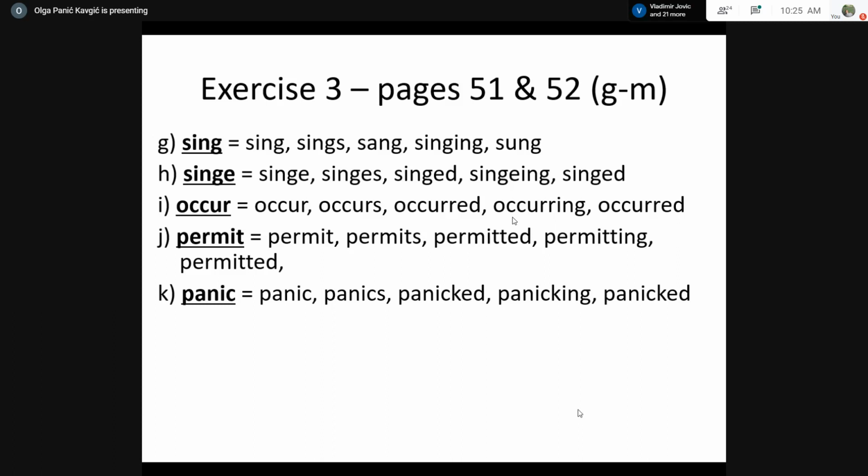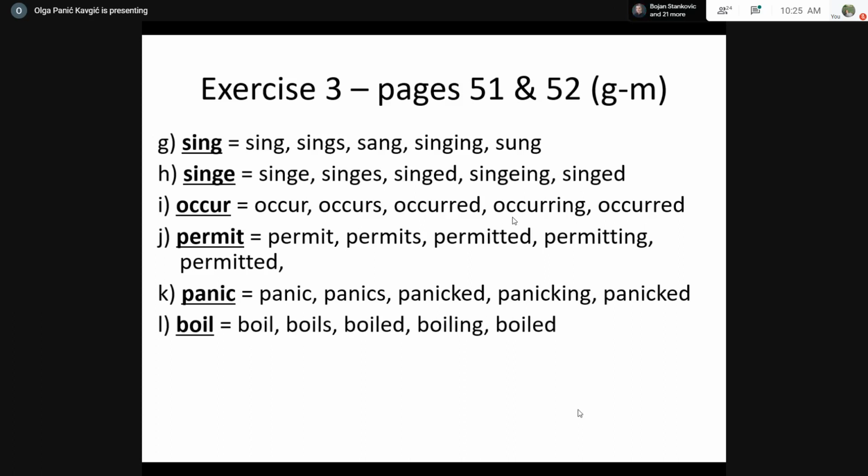Boils. The next one is boiled, B-O-I-L-E-D. Then boiling. And the last one is boiled again. It is a regular verb.